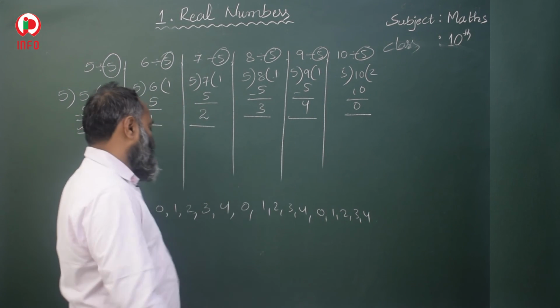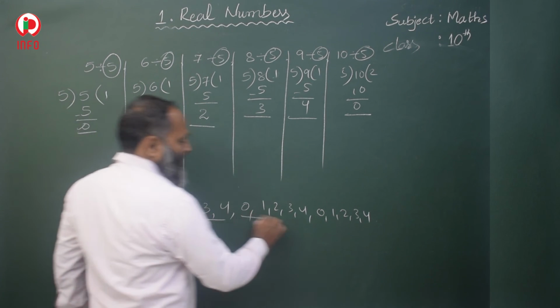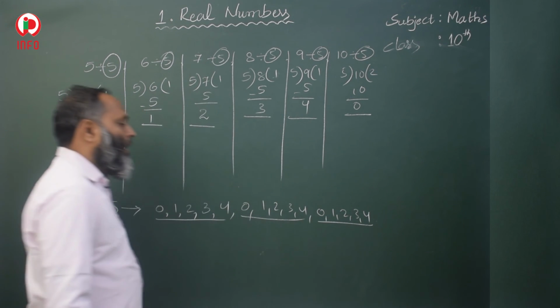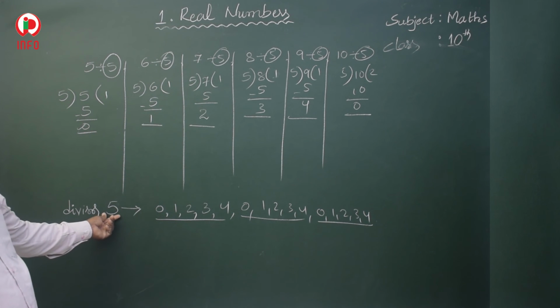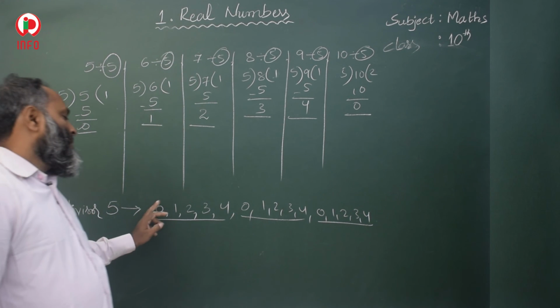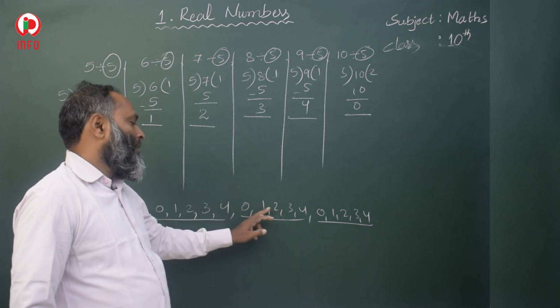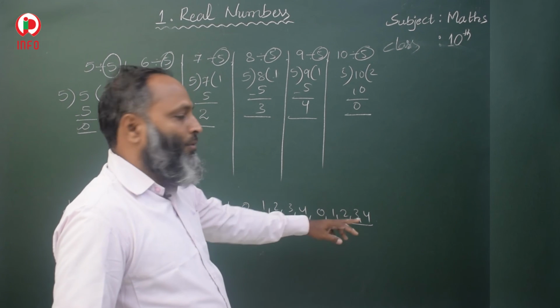Like this the remainders will come. When the divisor is 5, the remainders are 0, 1, 2, 3, 4, repeating.